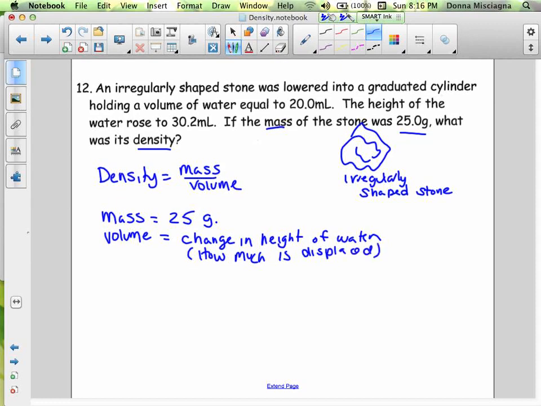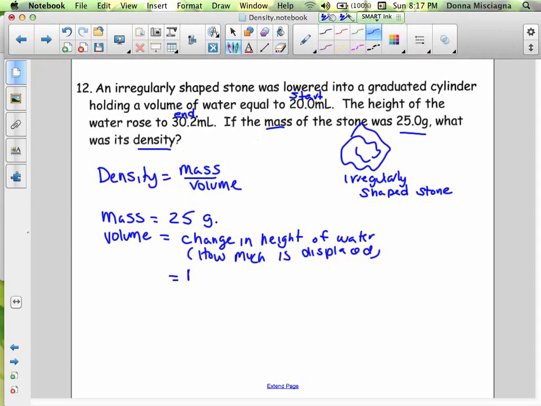Which of those numbers represents water being displaced? Well, the 20, that's the water that was already in there. That's our starting value. The height of the water rose to 30.2. That's the ending value. So the volume is the change in the height of the water, or how much water is displaced.